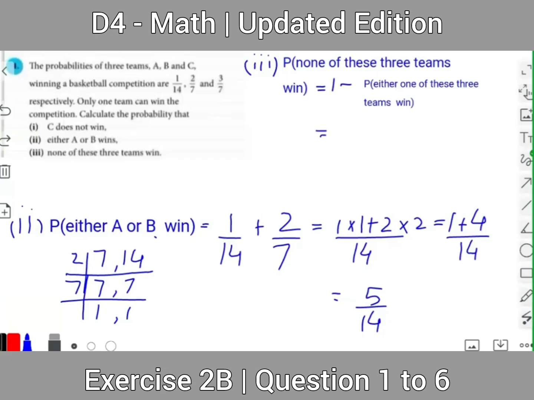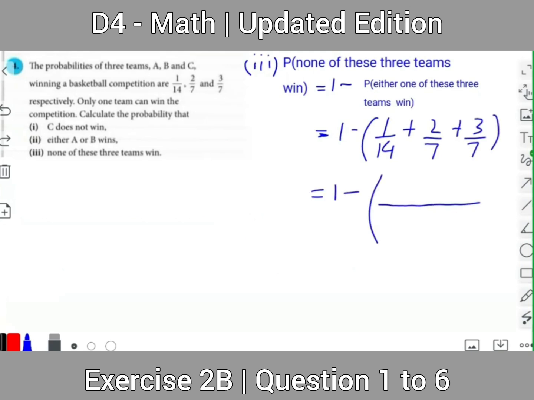So here we have 1 minus the probabilities of the teams A, B, and C given respectively in the question, and those are 1 over 14 plus 2 over 7 plus 3 over 7. The LCM of 14 and 7 is 14. Now 14 times 1 is 14, so we have 1 times 1. 7 times 2 is 14, so we have 2 times 2. Again, 7 times 2 is 14, so we have 3 times 2.